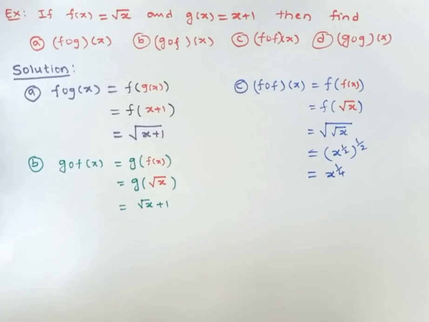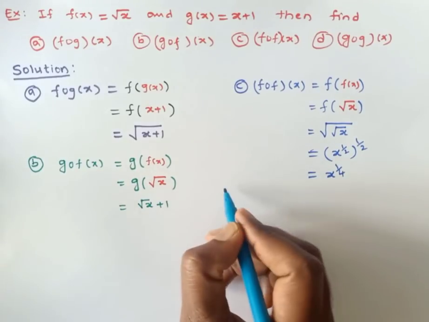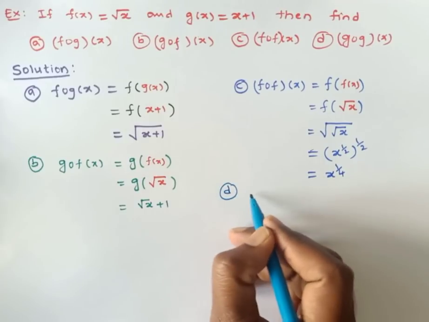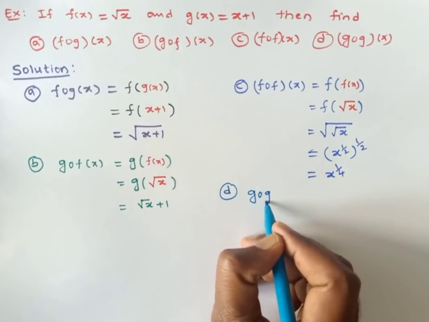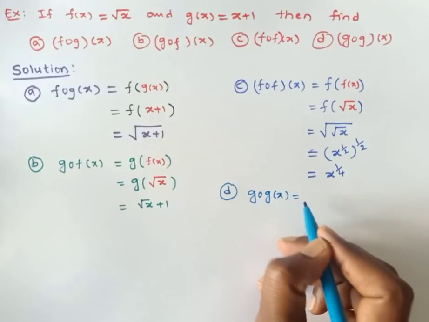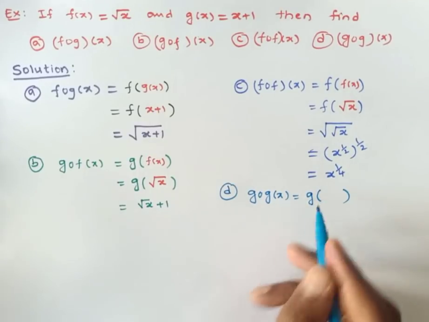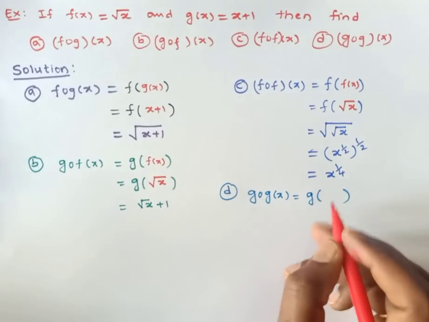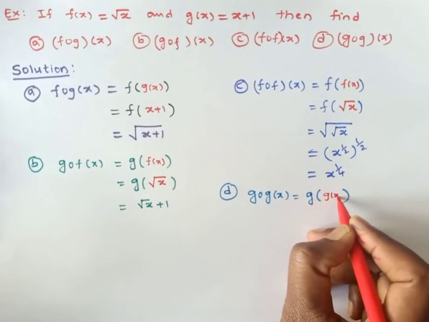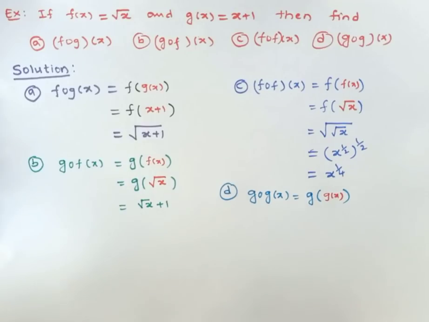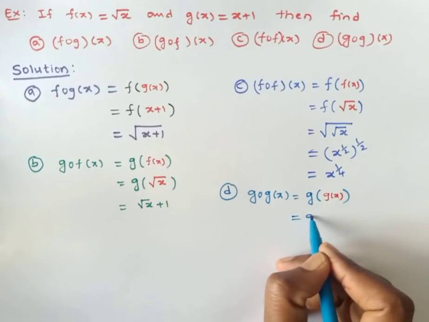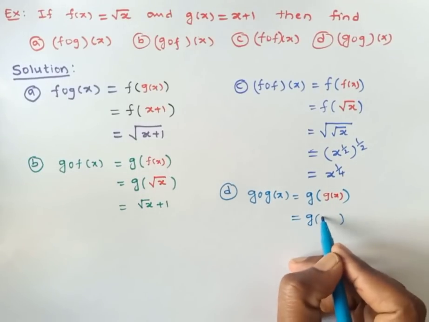Next, problem number D. Now how to evaluate D? G compose G. So g circle g of x is g of, again g of x only. So we can write this as g of g of x. Now what is g of x? g of x is given, that is x plus 1.